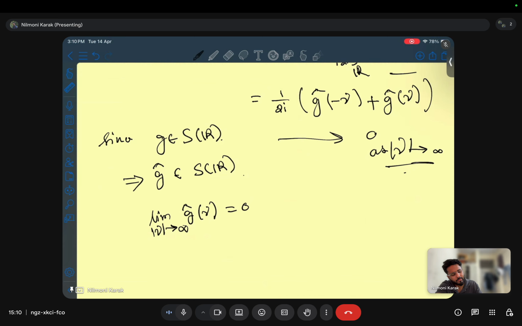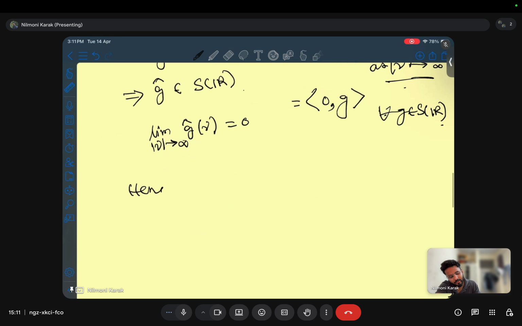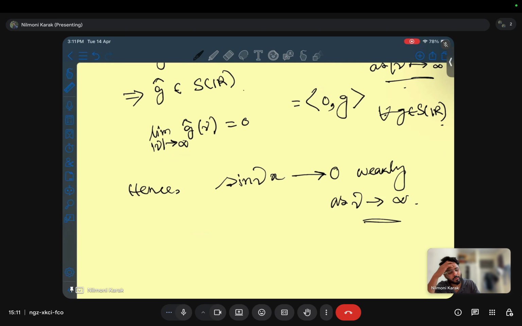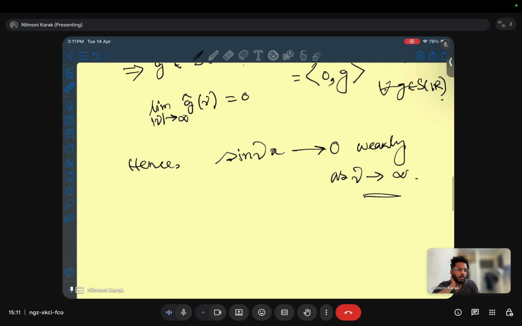And this is basically equal to the pairing of 0 with g for all g belonging to SR, and hence sin nu x goes to zero weakly as nu tends to infinity.